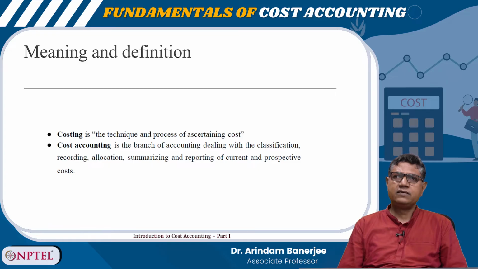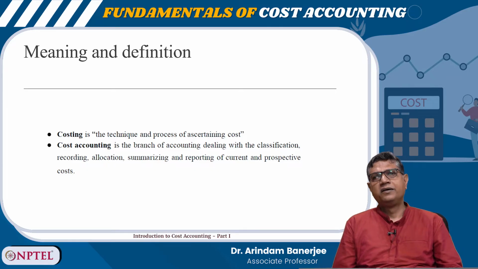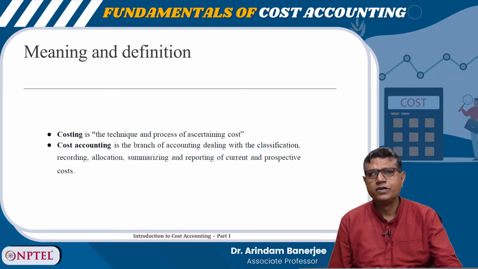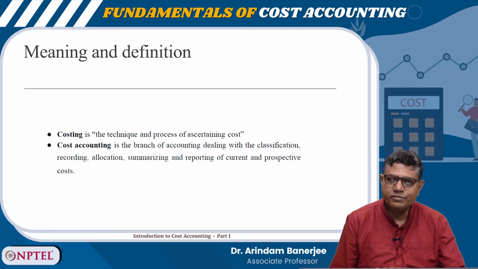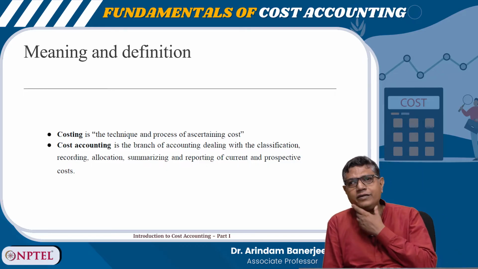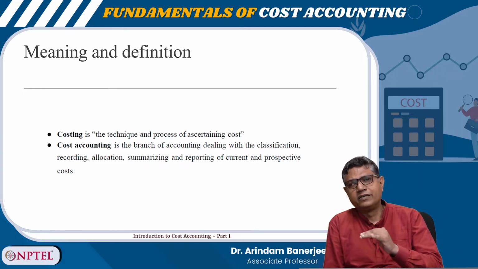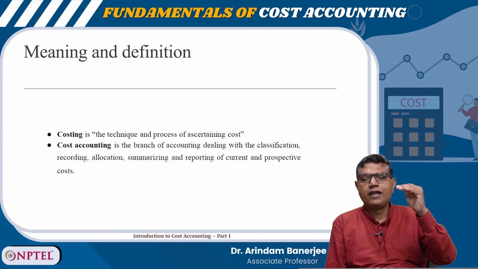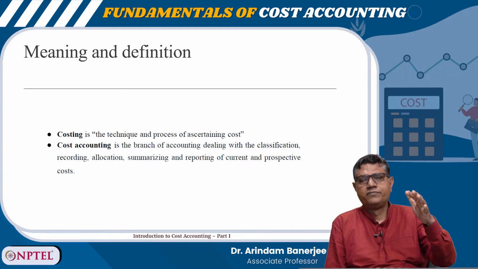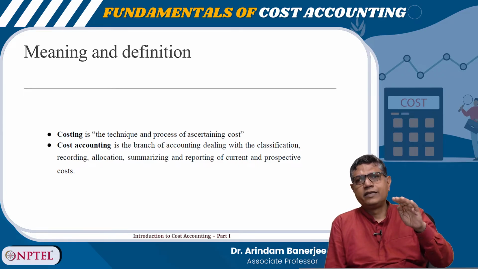Now, we will see later on in the course that we need to identify each element of the cost and then calculate each element of the cost separately. So, we can calculate the material cost incurred for a product. If I am estimating the product cost, I can estimate the element of labor cost in that particular product.